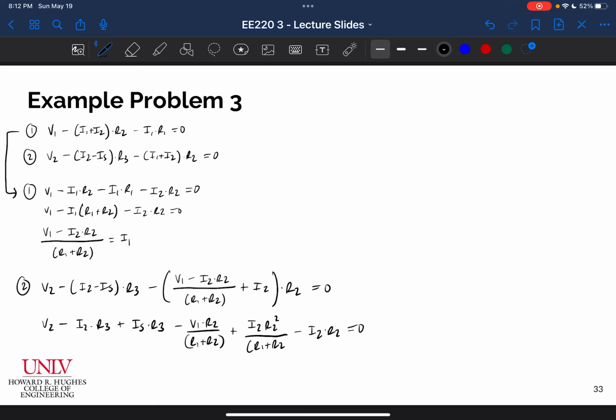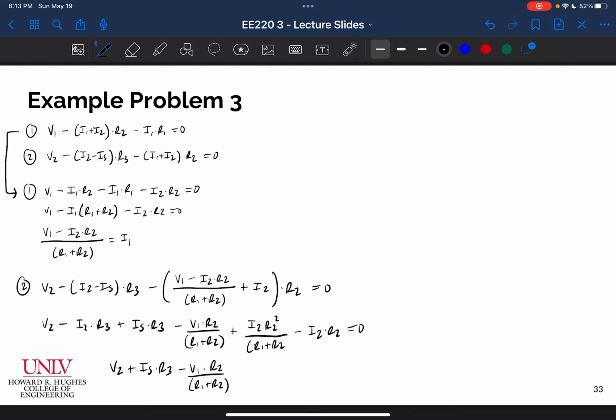Okay, and so now the last thing I want to do is group all of my I2 terms, because I want to get all the I2s by themselves. So let's basically write V2 plus IS times R3. And then my last term that doesn't have an I2 is this one, so minus V1 times R2 over R1 plus R2, right?